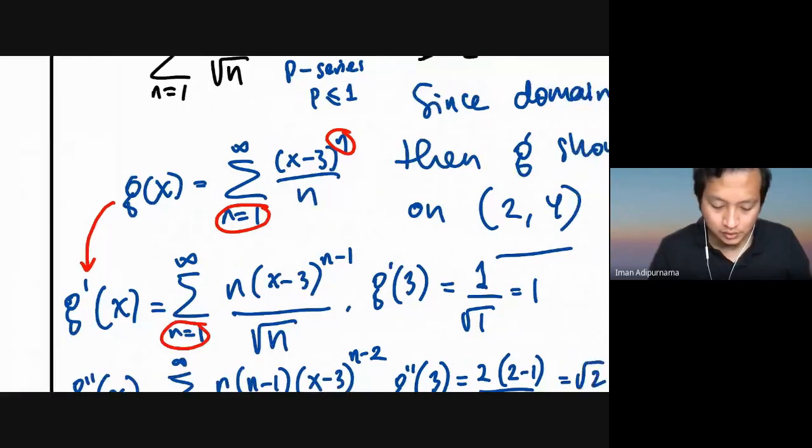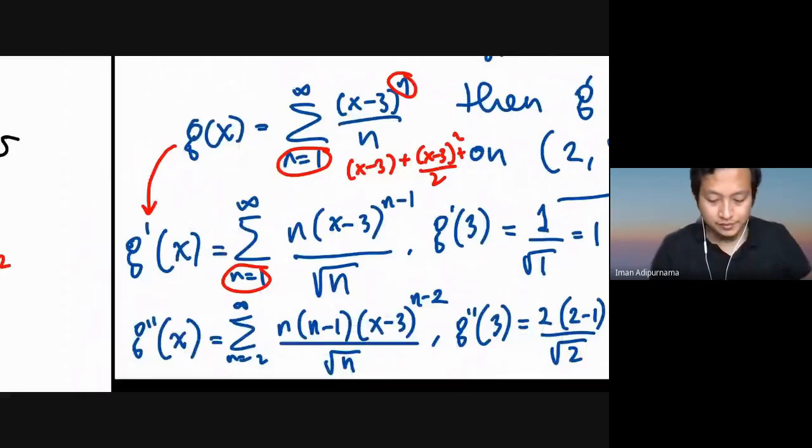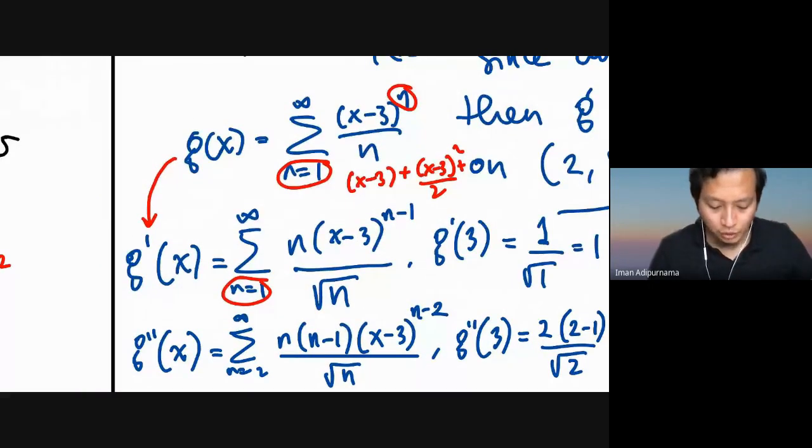So it starts from x minus 3, and then plus x minus 3 squared over 2, and so on and so forth. And when you derive, when you plug in 1, it's also still okay. If you plug 1 into here, 1 minus 1 becomes 0. So all will be 1.